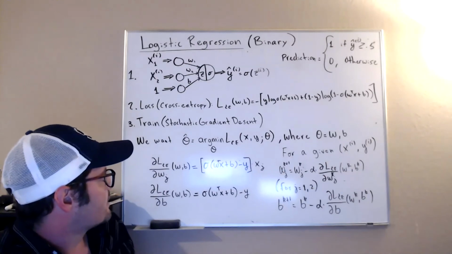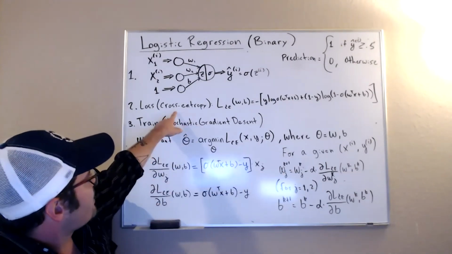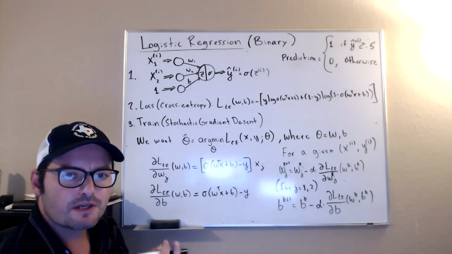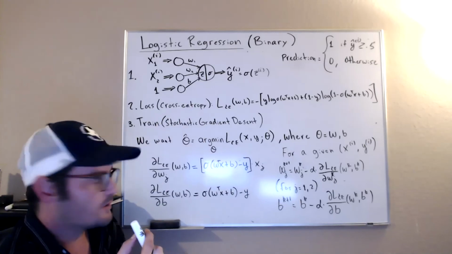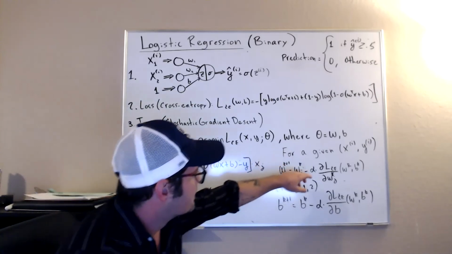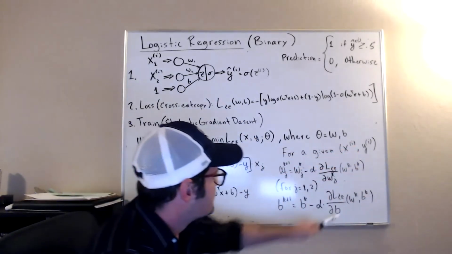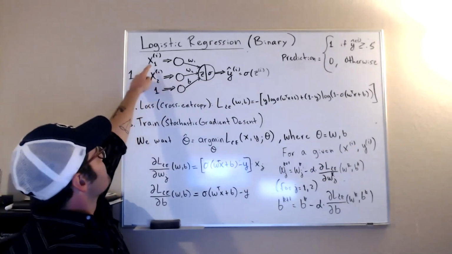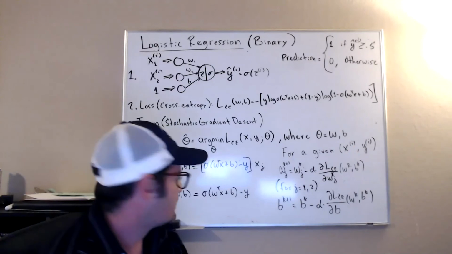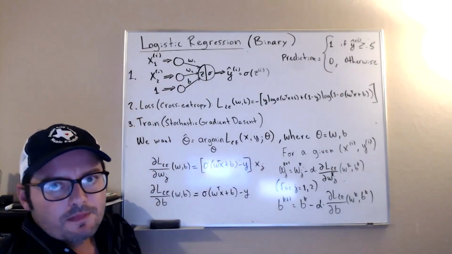And then we iterate this until we see that the cross entropy loss is decreasing sufficiently. Okay. So the k's here represents the kth iteration. The superscript here just represents the ith data point. The j's here just represent either feature 1 or feature 2 from vector x. And then if you iterate this, you should get some type of results to work with.